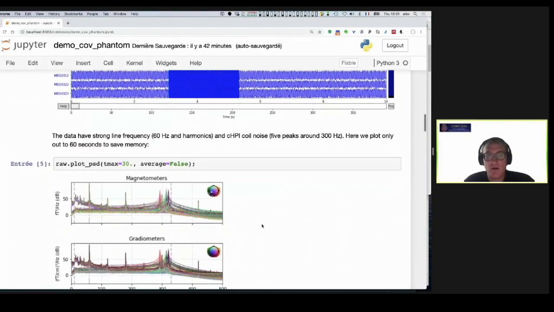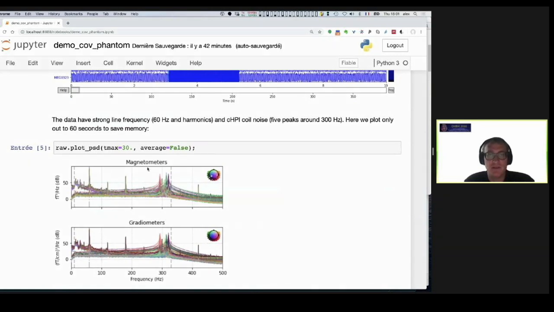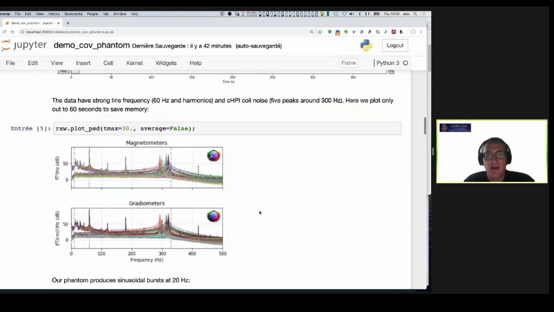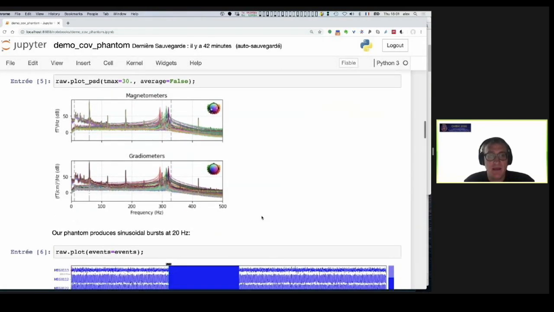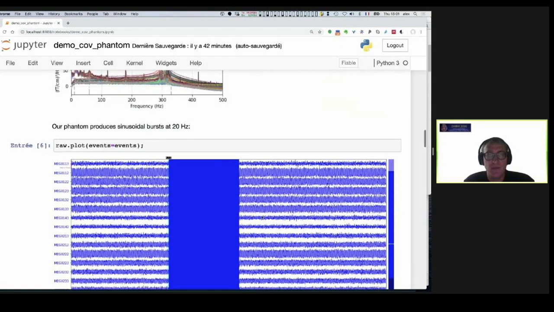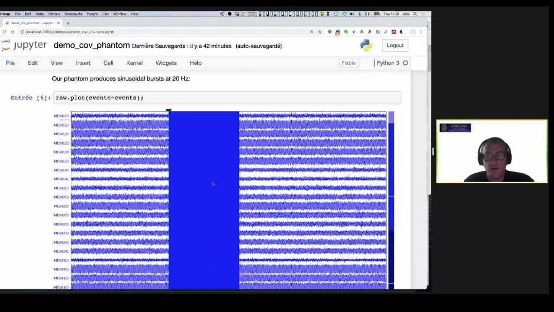And you can look at the power spectrum density, the PSD, of your data easily using raw.plot_psd. And here every line corresponds to the power spectrum density of a sensor that you see here represented on the helmet.